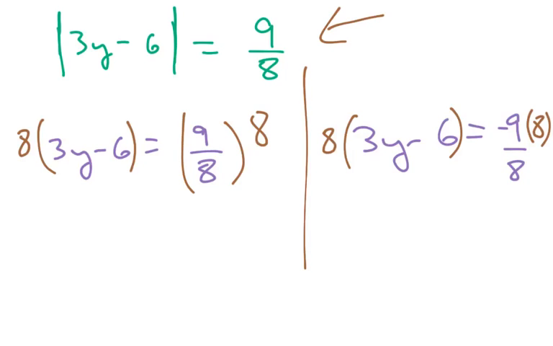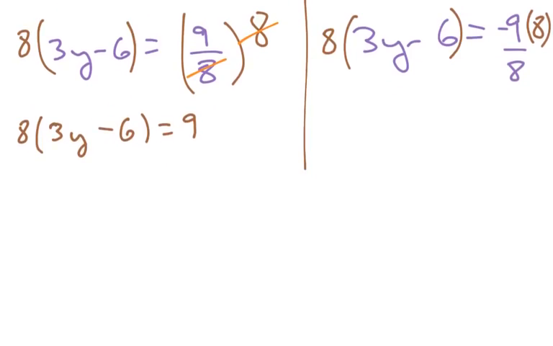Focusing on the left first, this is going to be 8 times 3y minus 6 equals 9, because these cancel out. From here, we're going to distribute 8 into both of these, so we get 24y minus 48 equals 9.